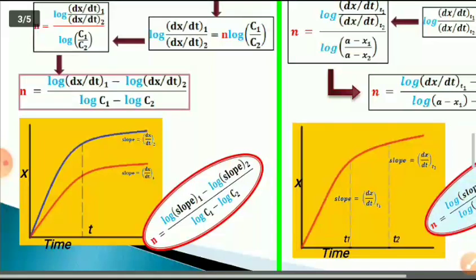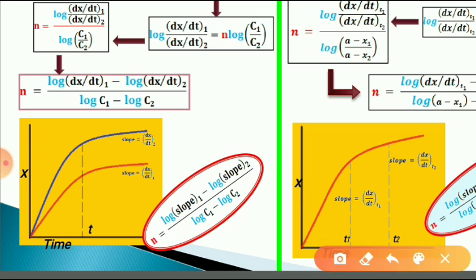But this dx upon dt is nothing but the rate, and that rate can be obtained from the graph. Here, for two different initial concentrations at time t, at this point and this point, we have to calculate the slope.